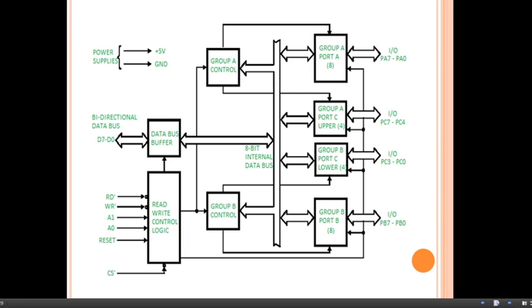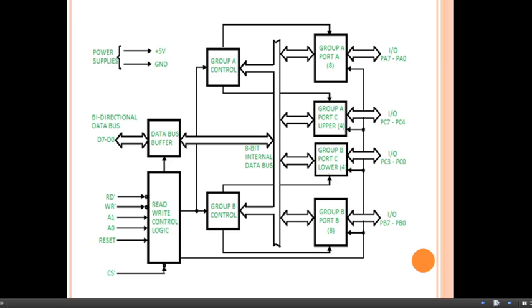Next is port C. This port C consists of an 8-bit bidirectional data output buffer and an 8-bit data input buffer, and as we know, it is divided into two sections, port C upper and port C lower. Port C upper consists of 4 lines and port C lower consists of 4 lines. The port C function is dependent on the mode of operation.